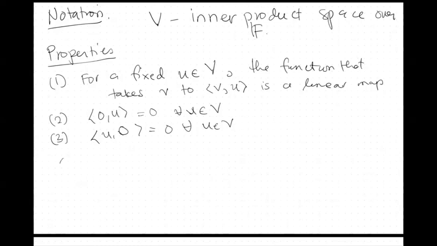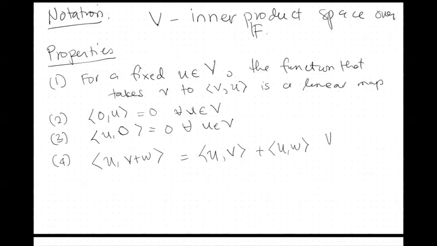Number four, we get the inner product of u with v plus w. This is additivity in the second slot. So this is just the inner product of u and v plus the inner product of u and w.